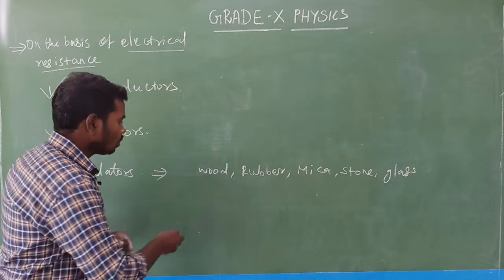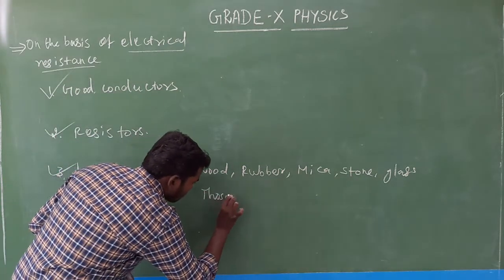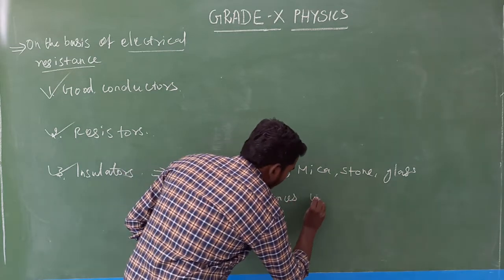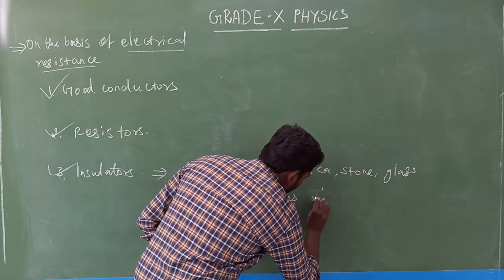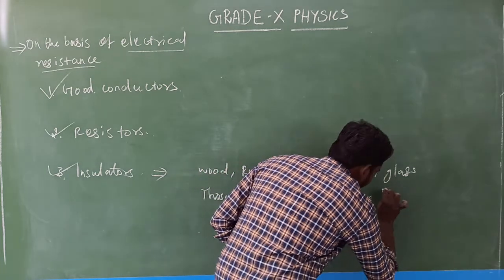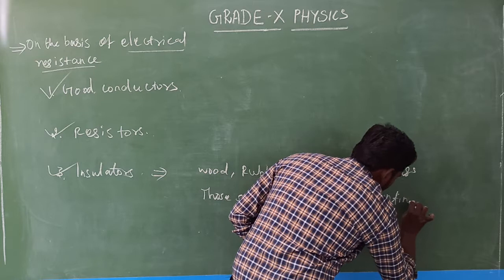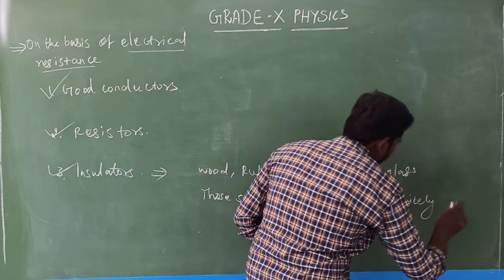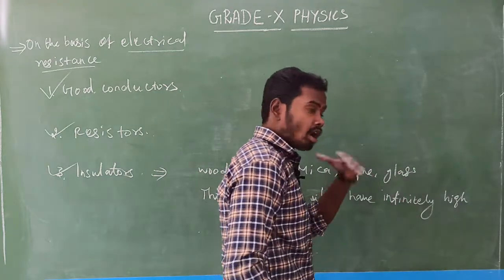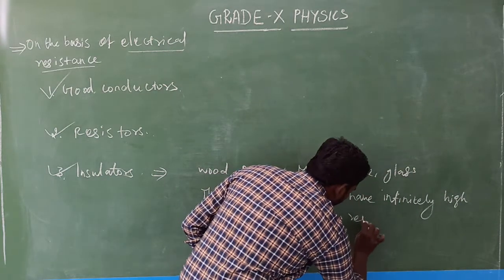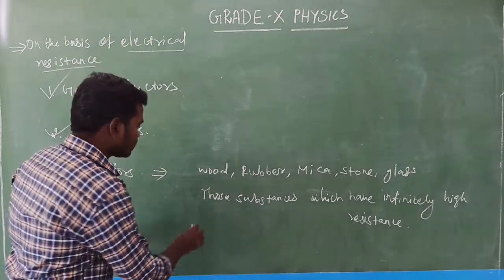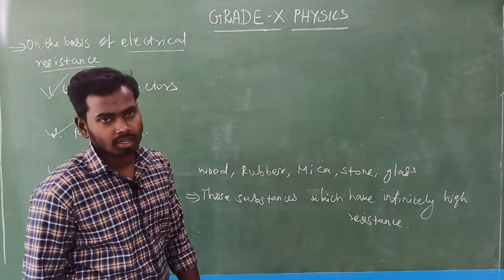So those substances which have infinitely high resistance, note this point, are called insulators.